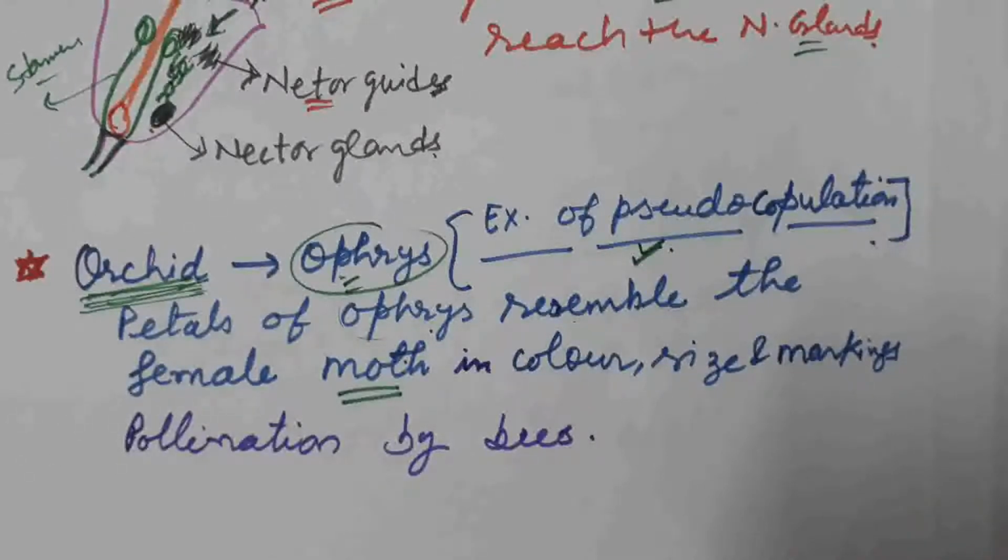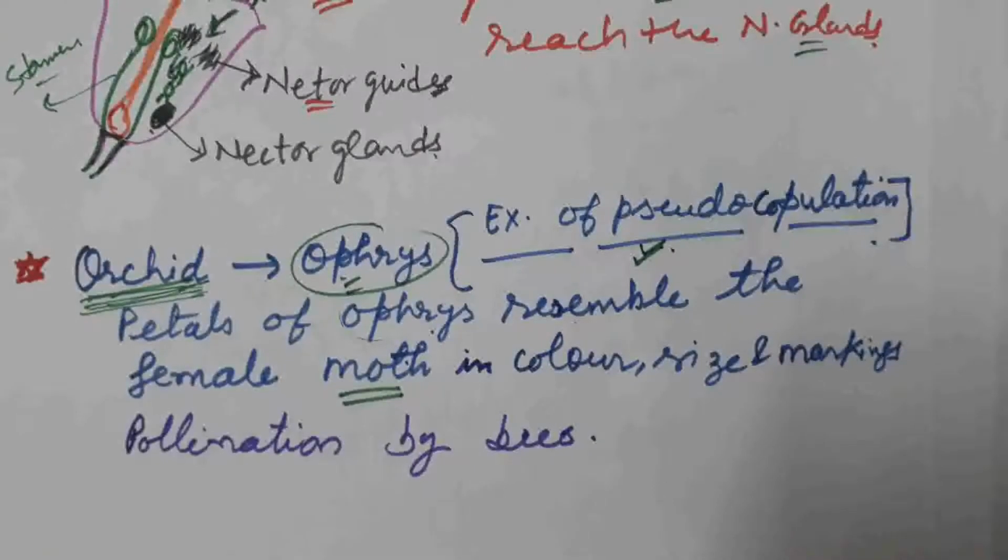A male moth sits on the petal thinking it is a female moth, for copulation. In this process, some of the pollen grains stick to the body of the insect. When this insect visits a second flower, it leaves these pollen grains on the stigma, so it helps in pollination. This is a case of pseudocopulation also.